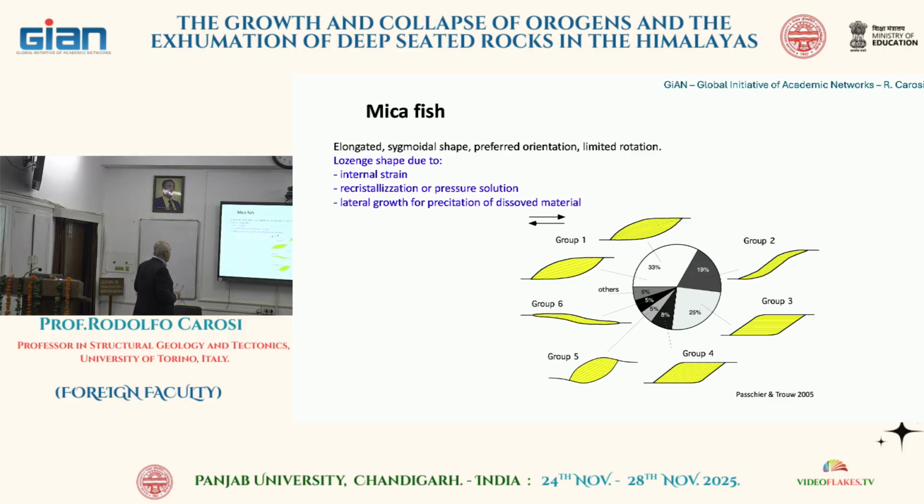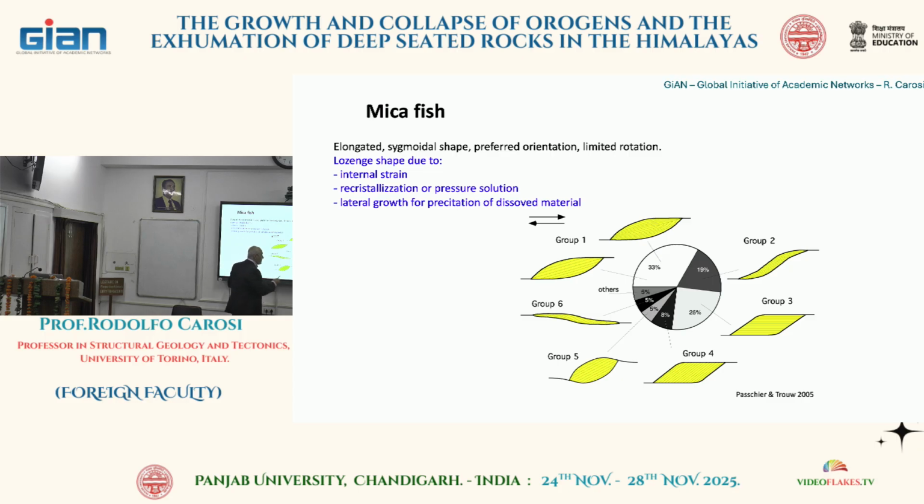The shape of the mica fish could be a little bit different depending on the orientation of the original mica with respect to the shear sense. So in the book of Passchier, you can find the percentage of different kinds of mica fish.